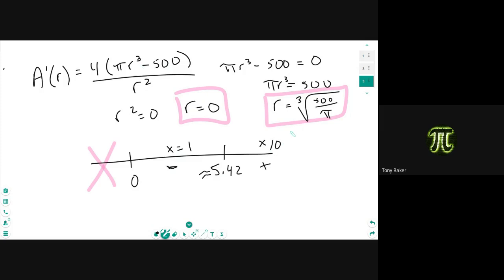Let's plug in 10. It doesn't make a difference which number I plug in, right? 10 cubed is going to be 1,000, so obviously that's going to be positive. Okay, so we know this is a minimum. Awesome. I can't plug 0 into the problem, so that's not going to be the value. So I know that's going to give me the absolute minimum value.